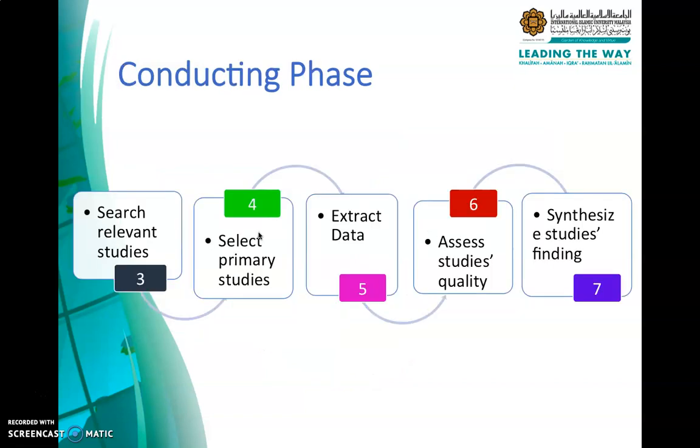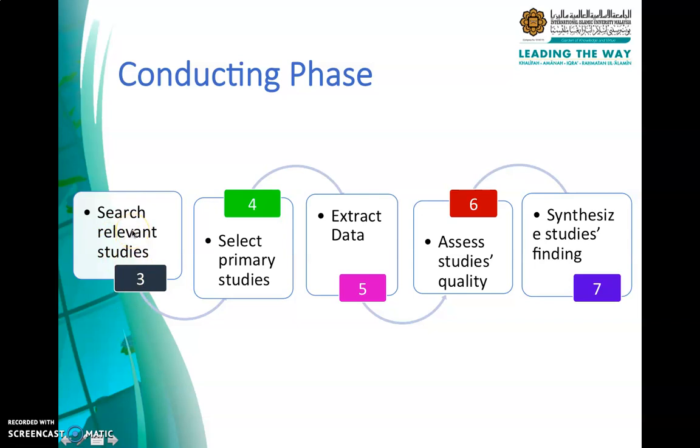Under the conducting phase, there are roughly 5 major activities. Once we settle the planning, we move on to the conducting phase. The first thing is we need to search the studies.